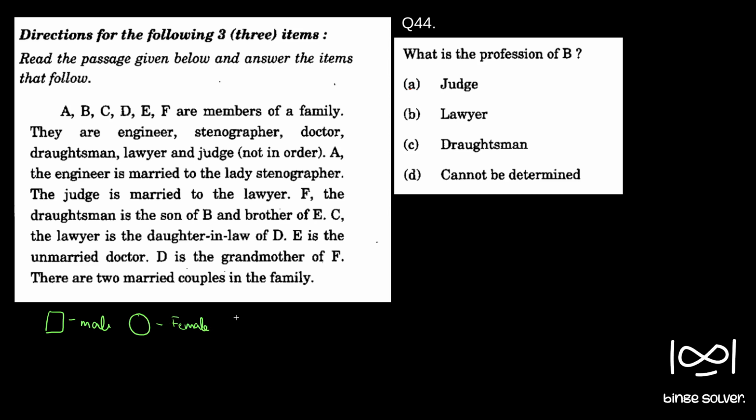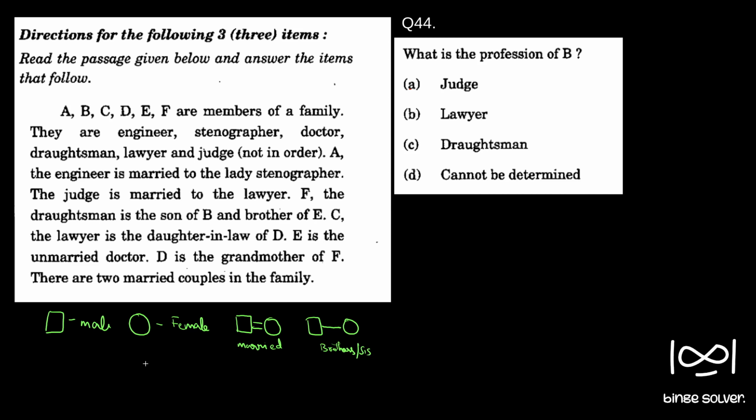In case we have a married couple, I will denote it with an equal symbol. And in case we have brothers and sisters, I will use a single line to mark them.